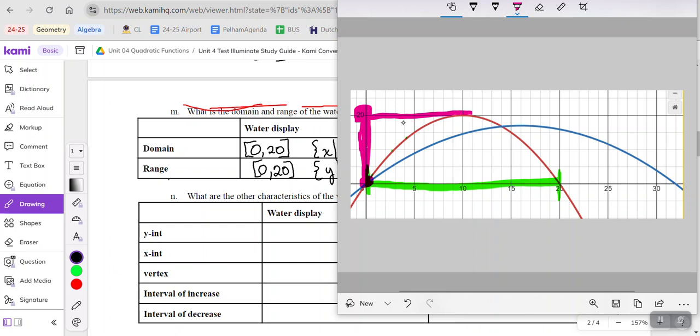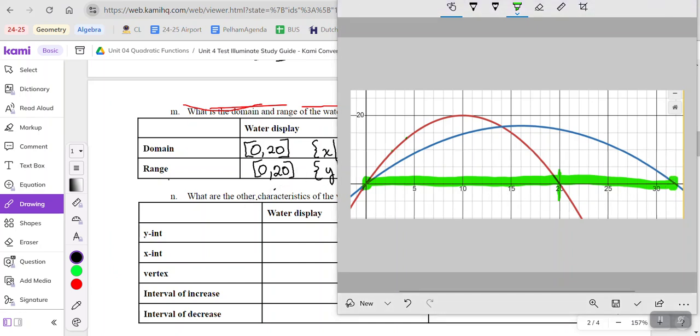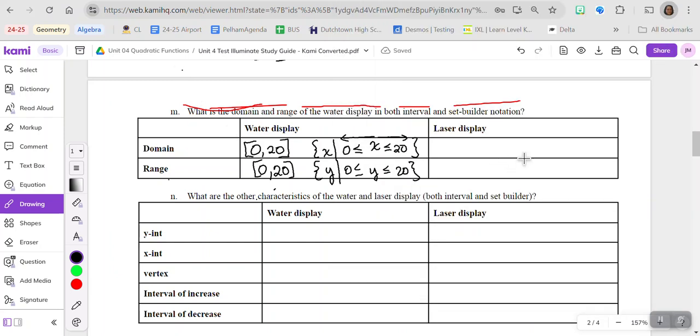Laser display is the blue one, so let me go ahead and get rid of this. So I guess I did domain in green, so let me just stick to that. The blue one starts here and it doesn't stop until here, which is 32. So the domain is from 0 to 32.